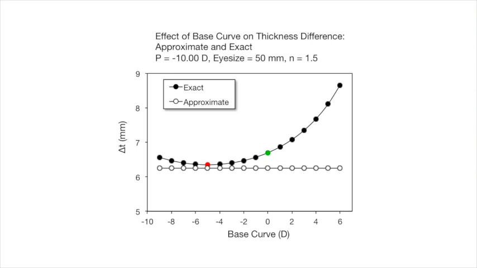So the flat horizontal line is the value calculated from the approximate formula. We have nowhere to incorporate base curve into that formula, so the result is that our approximation doesn't vary. But the solid symbols show the dramatic effects of varying base curve.